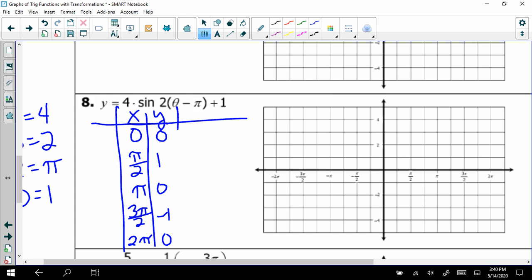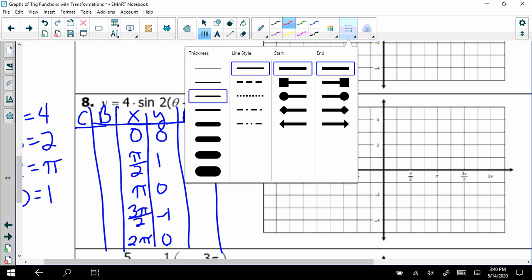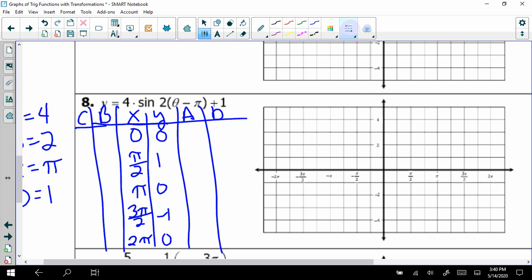Now here's the thing, guys. You always have to take care of A and B before you take care of C and D. Always, always, always. Because you need to do those stretches and compressions before you move. Okay? So for A, it's 4.